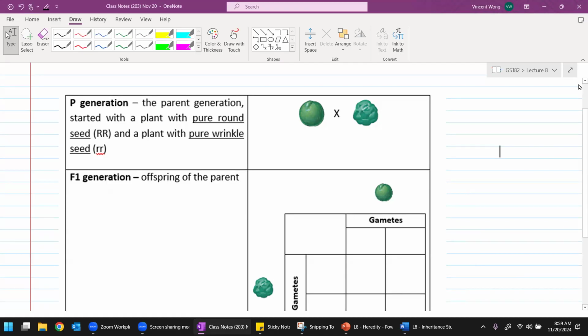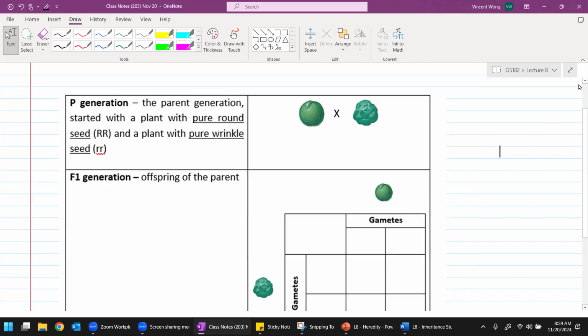So he took plants that have round seed, and he observed them for many generations. He self-pollinated the plants, and he noticed this plant always produces round seed, and another plant always produces wrinkle seed.